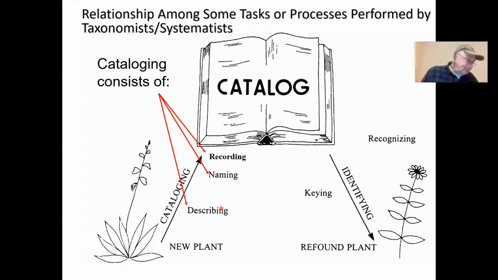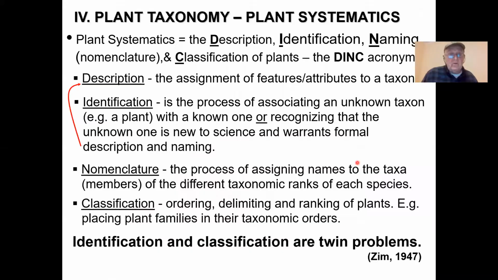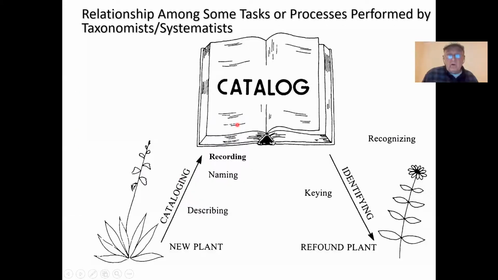Now, referring to the right side of the diagram, this would be the process of associating an unknown taxon with a known one. In other words, the so-called refound plant, which is what most of us do most of the time. The plant you have in your hand has already gone through this cataloging process.